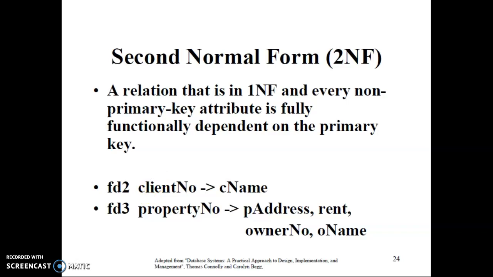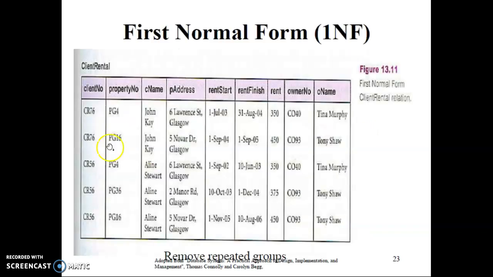But in our example table, which we have taken, the client rental, we have two primary keys. These are the two primary keys we have identified in first normal form, that is client number and property number.